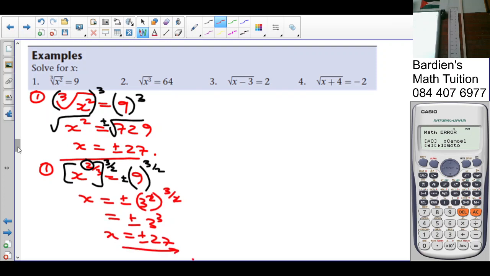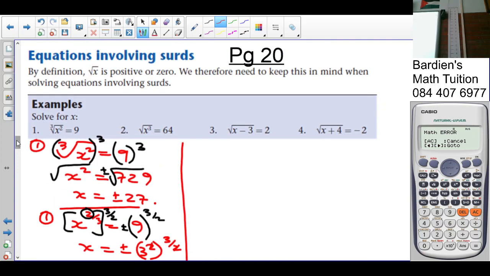Okay. Let's look at number 2. We've got the square root of x cubed equals 64. What needs to happen here? We're going to square both sides, not so? So 64 is 2 to the 6, I think.